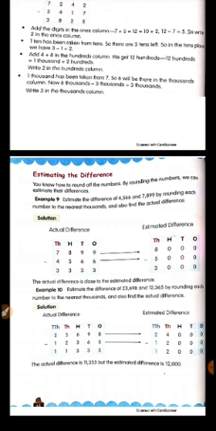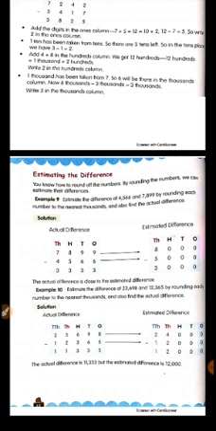Estimate the difference of 23,698 and 12,365 by rounding off each number to the nearest thousand, and also find the actual difference. Let's see the actual difference first. 23,698 minus 12,365 gives us 11,333.